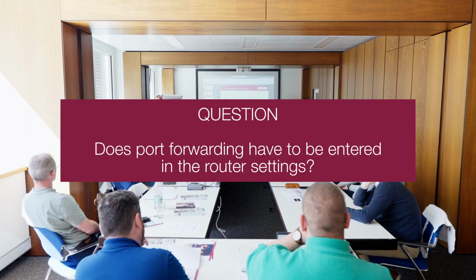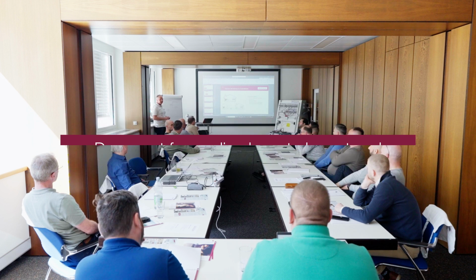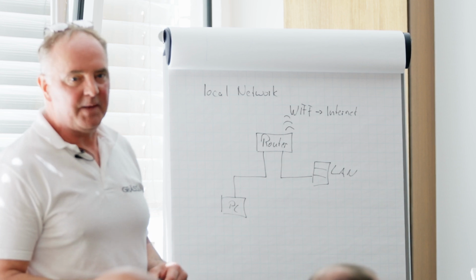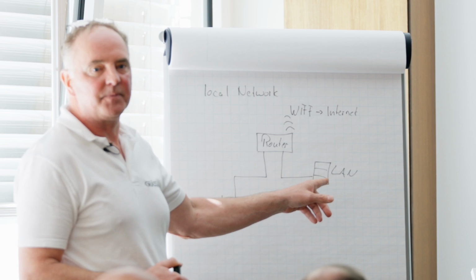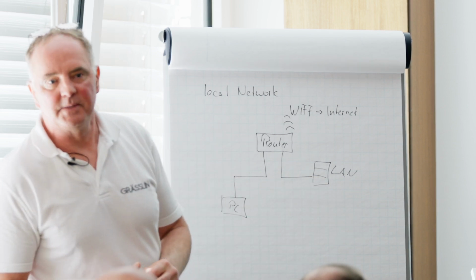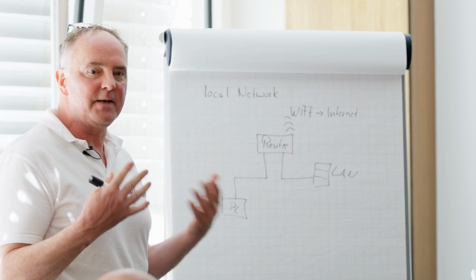But do I correctly understand that in the router settings you also have to do port forwarding for this IP address? Yeah, that's sometimes needed, but in our case we are communicating with port 80, and port 80 is normally free on each router. That's the standard port.